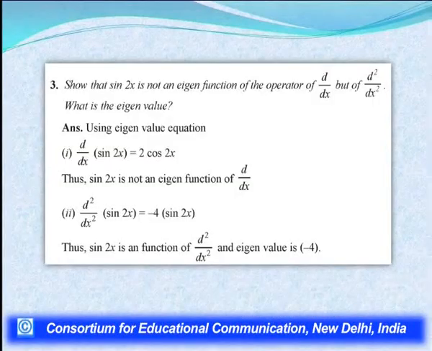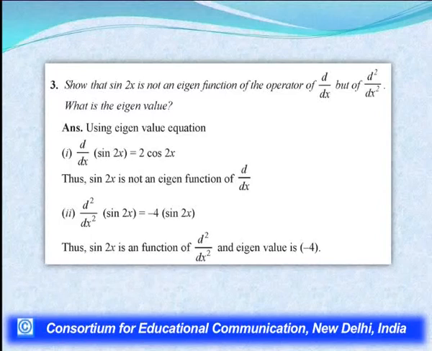Now question number 3: show that sin 2x is not an eigenfunction of the operator d by dx, but it is an eigenfunction of d square by dx square, and what is the eigenvalue? So I am doing this question in two parts. First I'll operate d by dx, and then I'll operate d square by dx square on sin 2x.